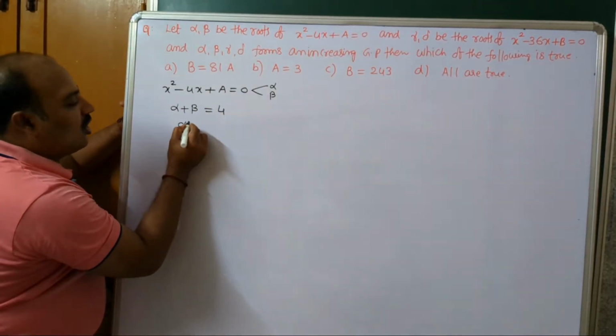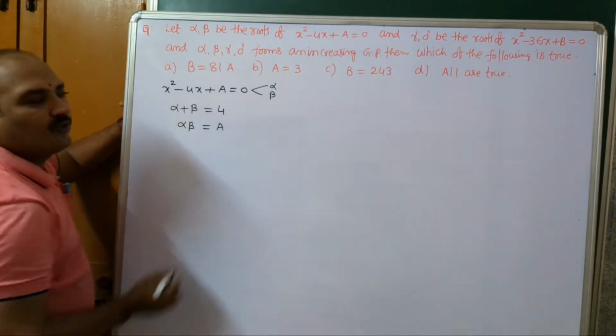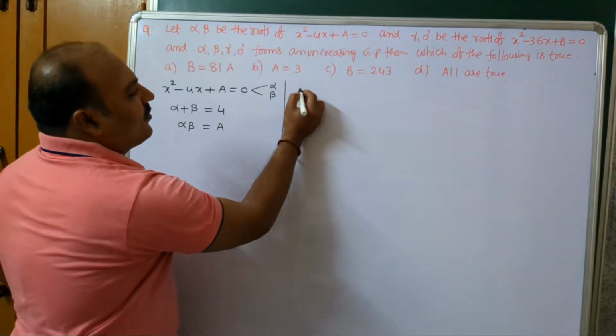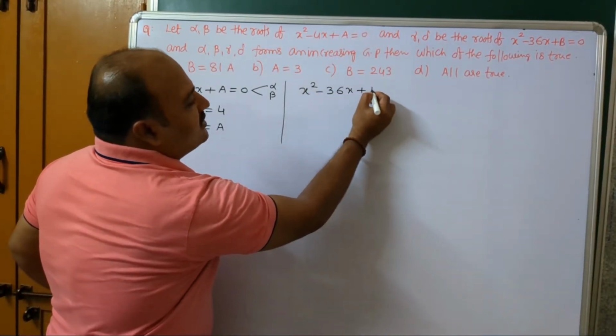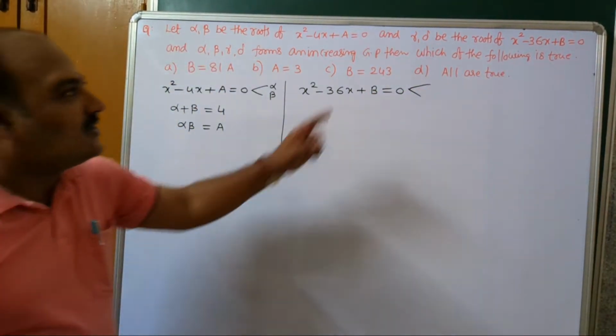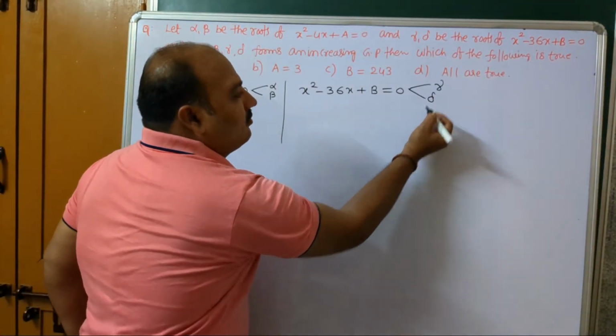The product of the roots, alpha beta, is equal to c by a; c means what? a. Okay, that is over. Now come to the second equation, x square minus 36x plus b equal to 0. For this equation, what are the roots? They mentioned them as gamma and delta.